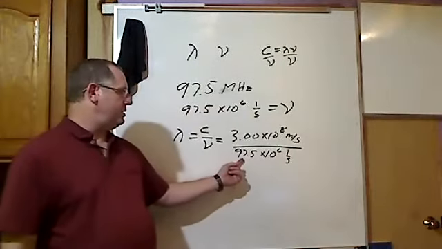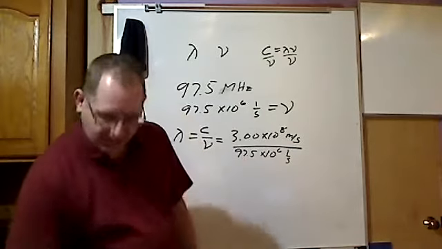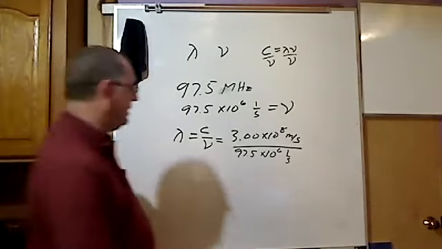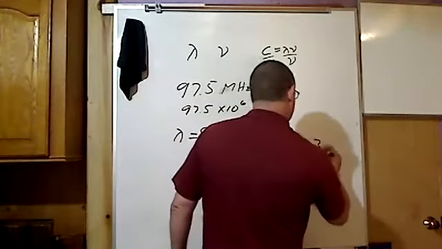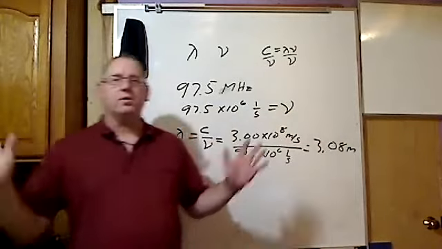You might want to put this in scientific notation, 9.75 times 10 to the 7th 1 over seconds. And when I put this through in my calculator, I get that my wavelength is equal to 3.08 meters, okay? Fairly simple.